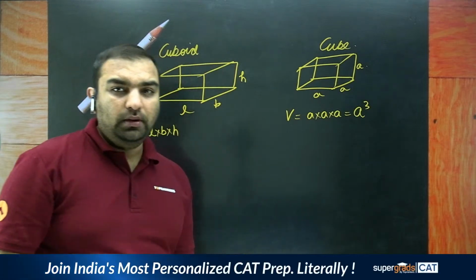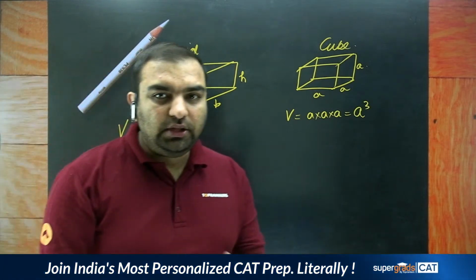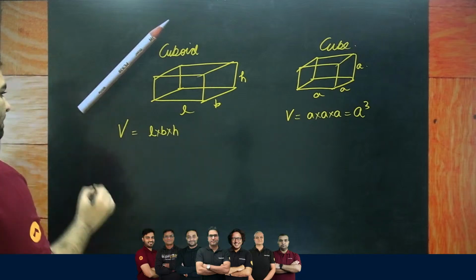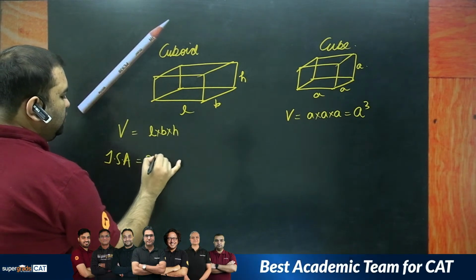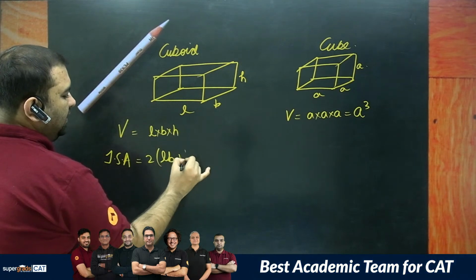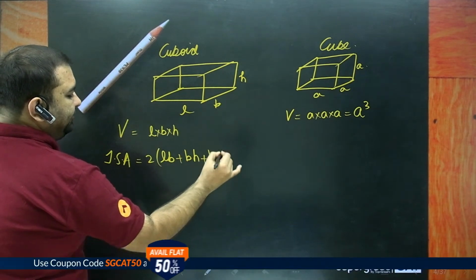Side cube, what is it? Side cube. What is the total surface area? 2 times of LB plus BH plus HL.